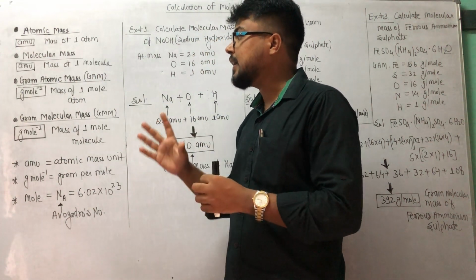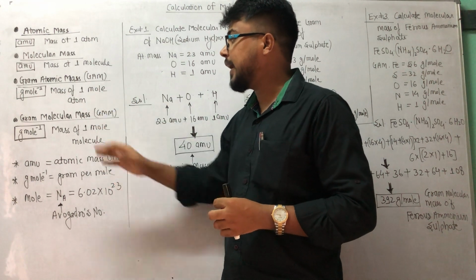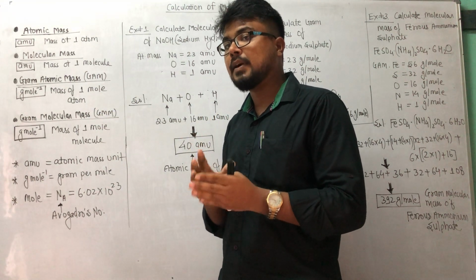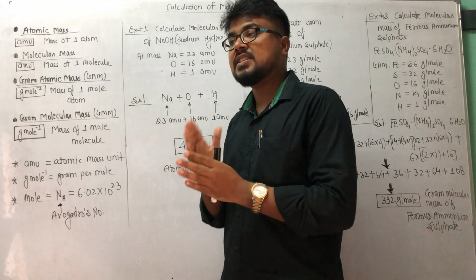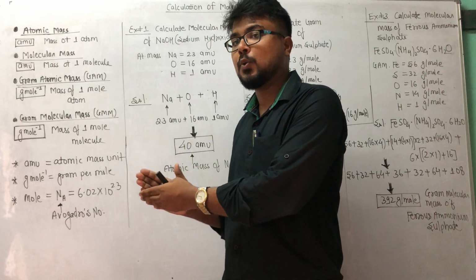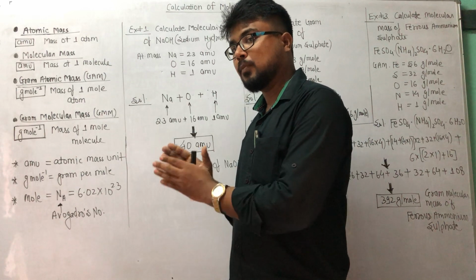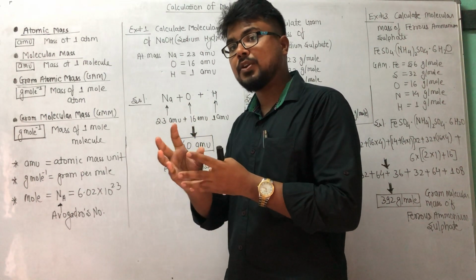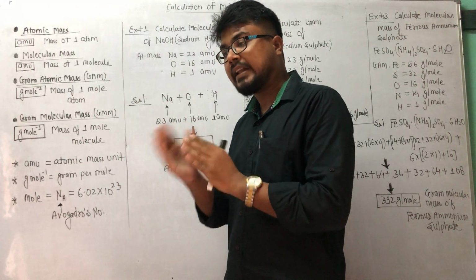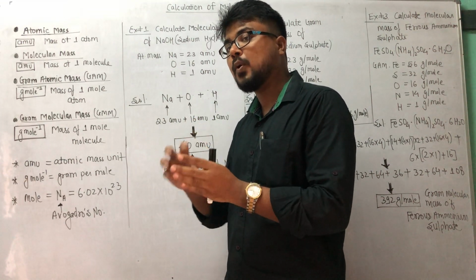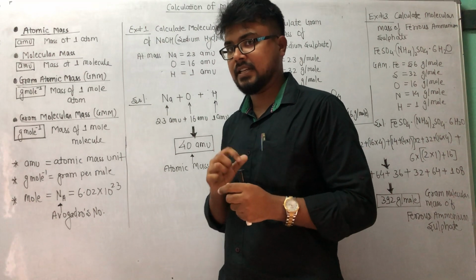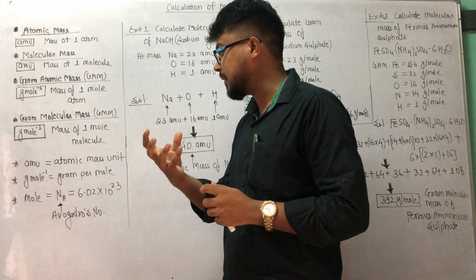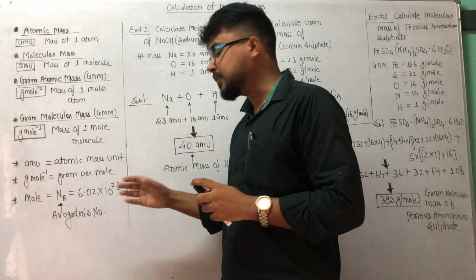But when we have one mole of atoms or one mole of molecules, what is the meaning of mole? Mole is a number equal to 6.02 × 10 to the power 23. For mole calculation, we will wait for one more video so that you can better understand the concept of mole in a separate video lecture.